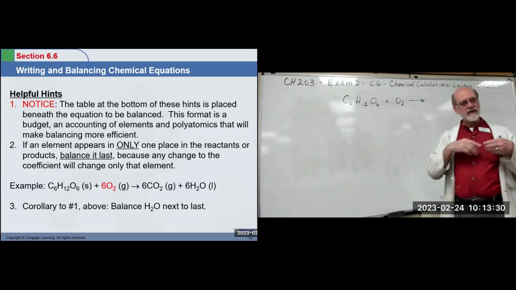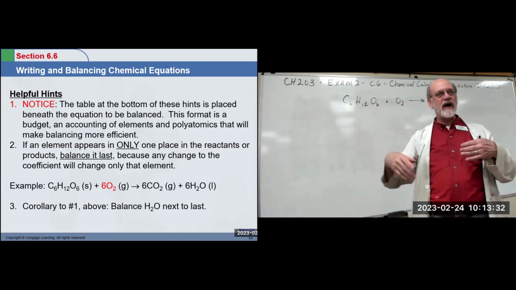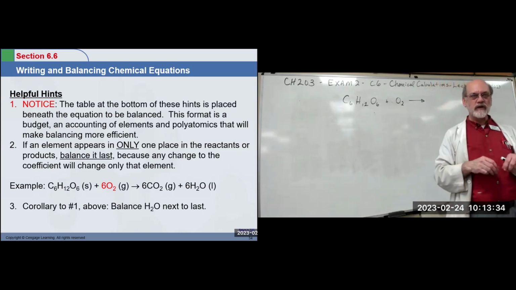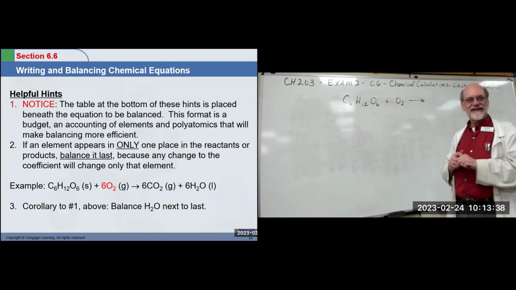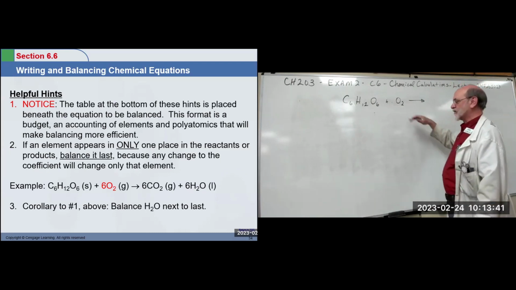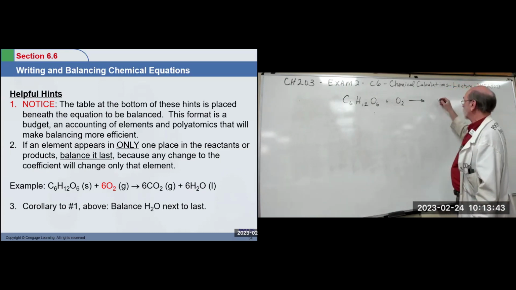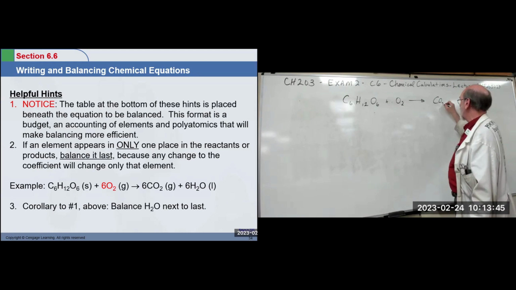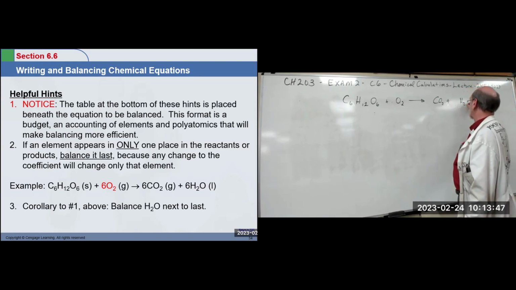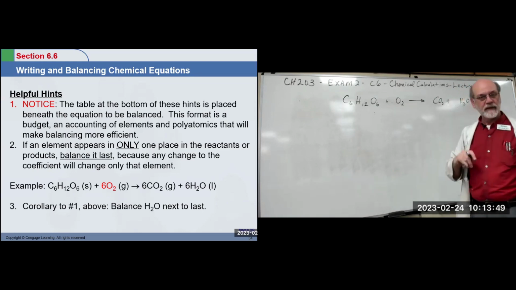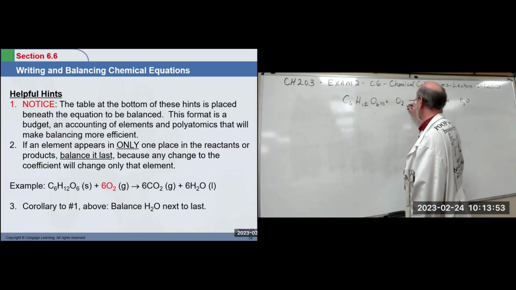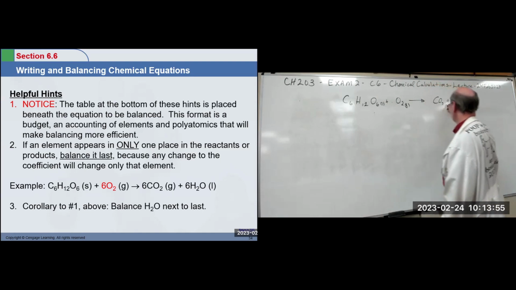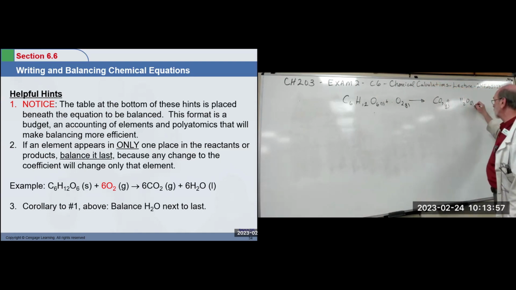But in your cells, they're taking this stepwise. That way they don't release all their energy at once and destroy the cell process. Okay, so what do we have left? Well, you end up with carbon dioxide and water. Now, this is a solid. This is a gas. This is a gas. This is a liquid.